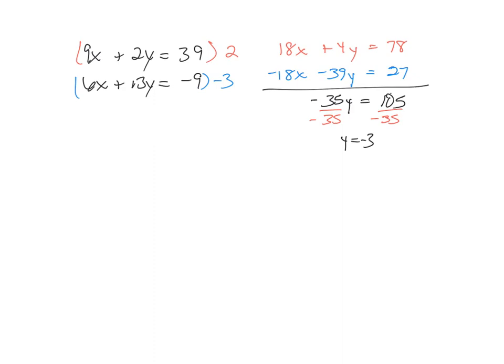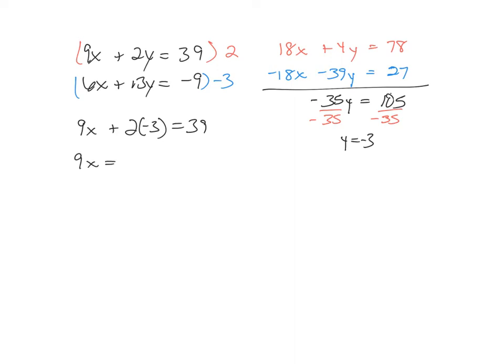Okay, plug negative 3, go all the way back to the beginning, because those have the smaller numbers. Go all the way back to the beginning and plug in negative 3 for y. I'm going to choose the top one just because I don't want to do 13 times 3. I'd rather do 2 times 3. The numbers will be a little bit smaller. So 9x plus 2 and then negative 3. And solve that out.